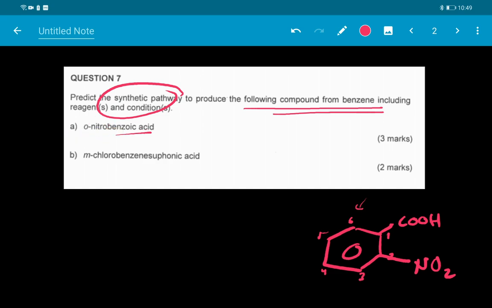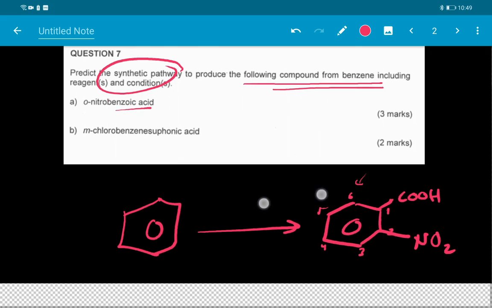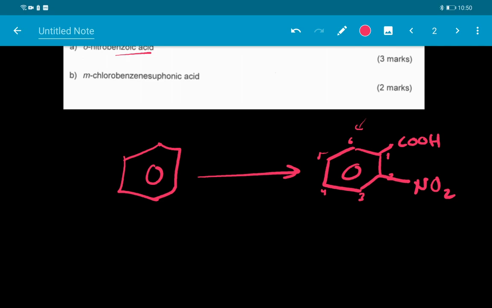So the question does not test us on how to write down the end product. The question requires us to give the synthetic pathway from a normal benzene, which has no attachments, and convert it into COOH with attachment to the NO2. For the second question, starting from benzene, we're going to produce meta-chlorobenzene sulfonic acid.